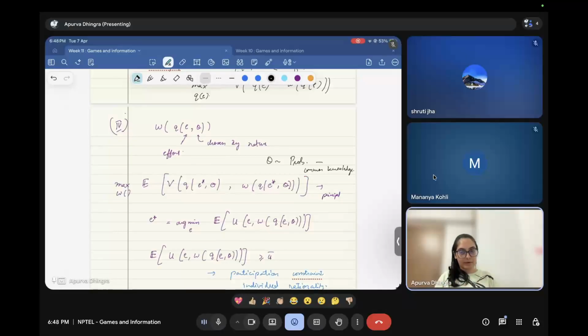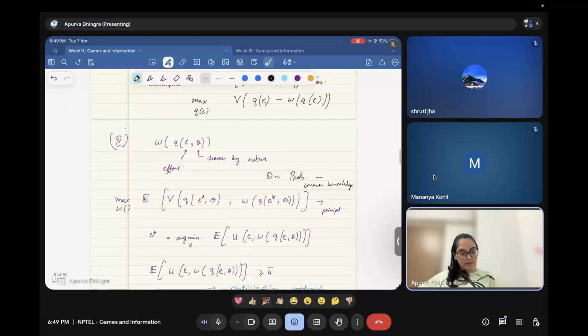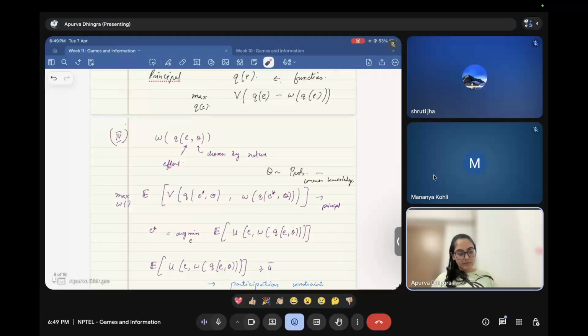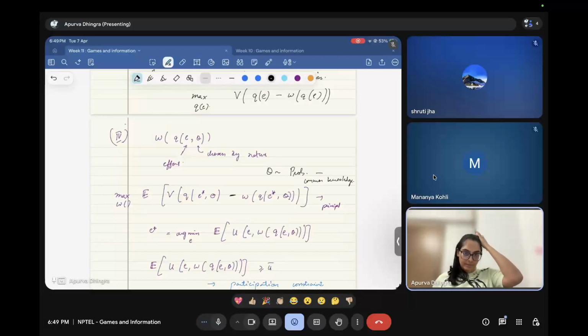That's the key part. So again, in this case, the principal would be getting a value. His utility value would depend on the actual efforts of the other player, minus some function of the wage of the agent.